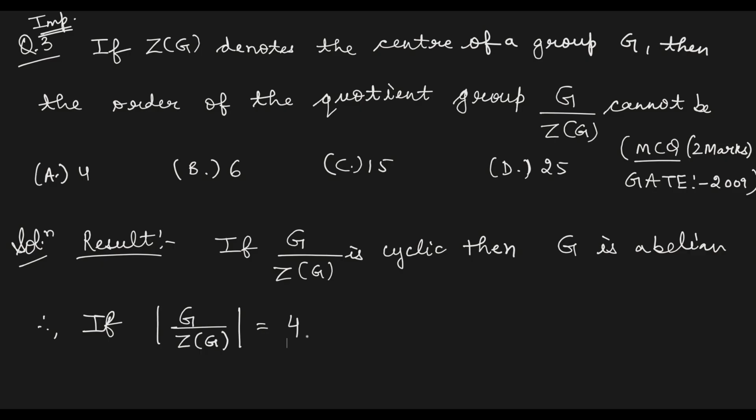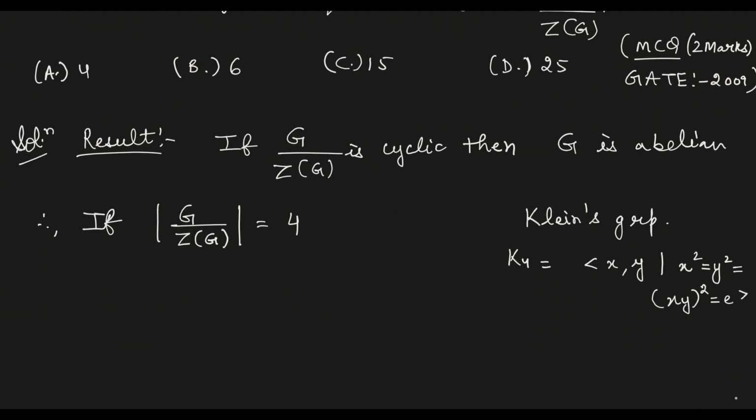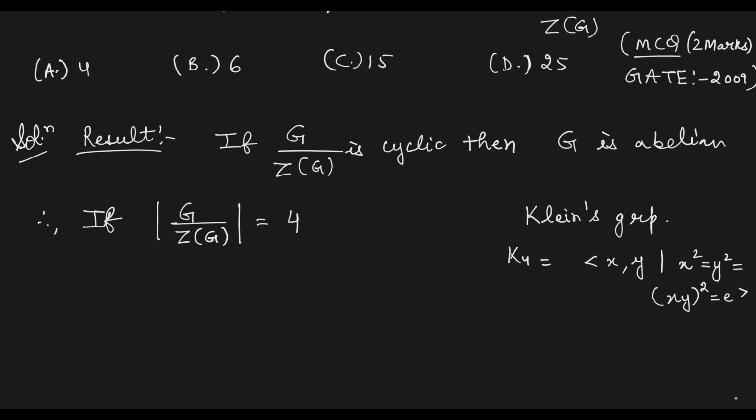Do you remember the Klein 4 group? I have heard the name. It has x, y such that x square equals y square equals identity, and (xy) square equals identity. So this is the smallest non-cyclic group.